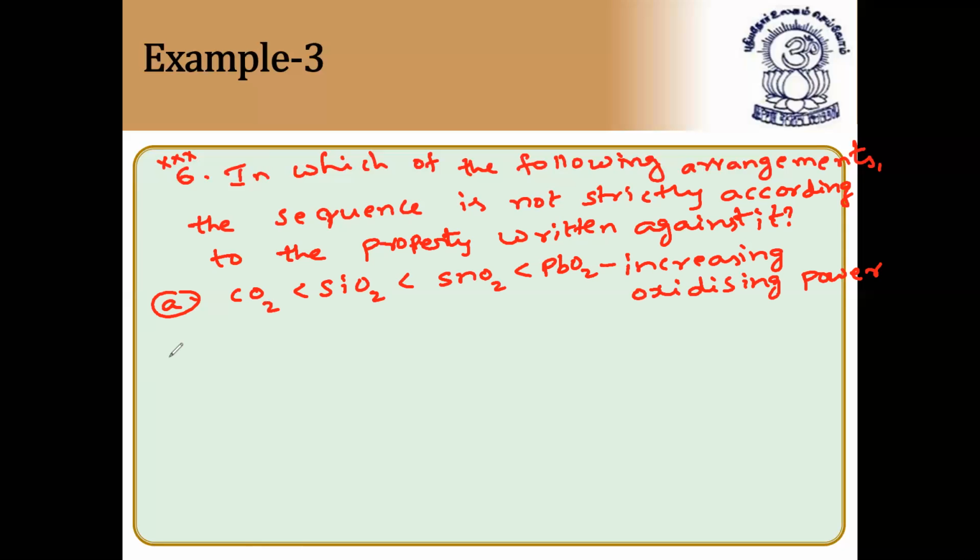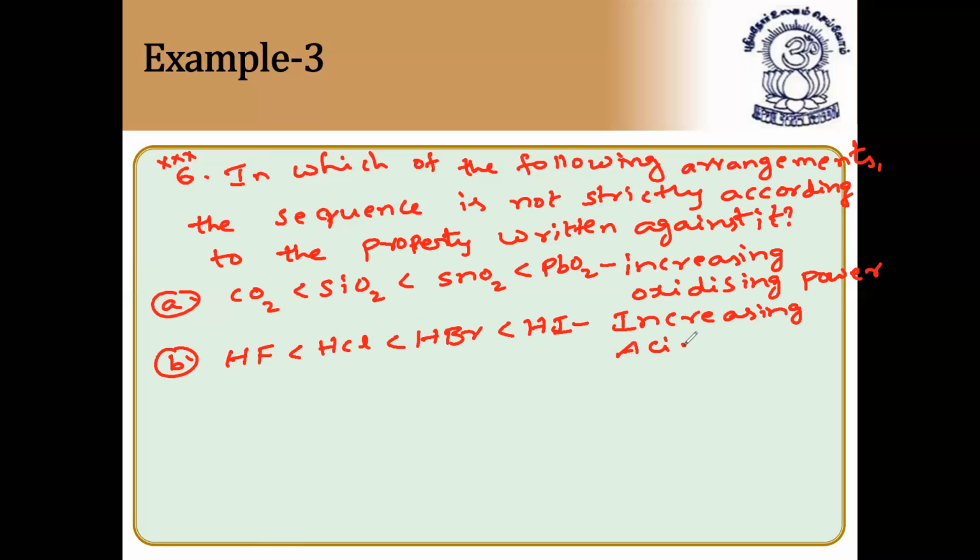Second option: HF, that is hydrogen fluoride, less than HCl, less than HBr, less than HI. The property is increasing acidic strength. So it is correct only, it is increasing acidic strength.